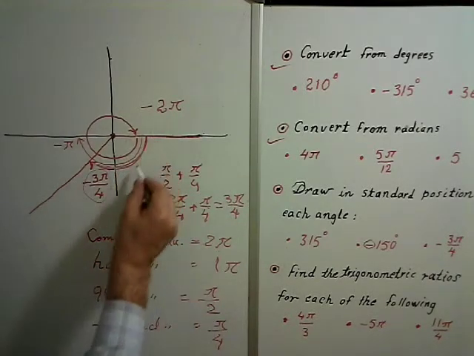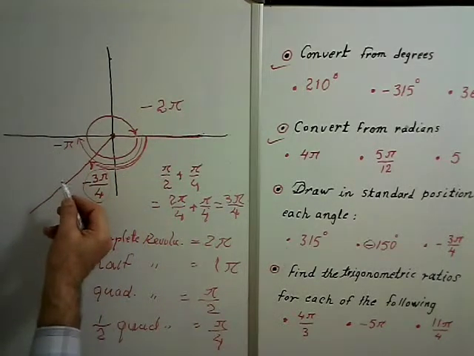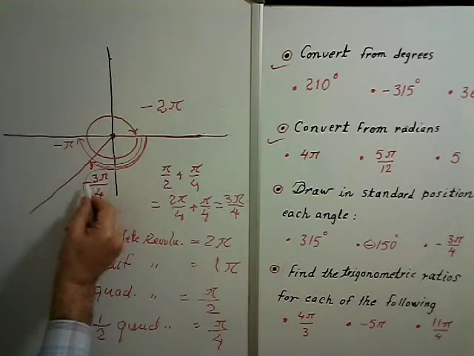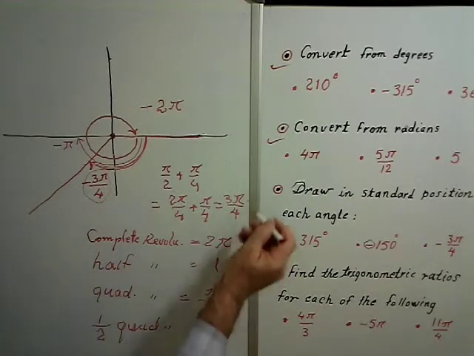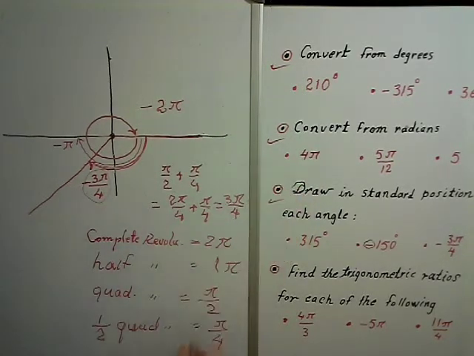And we do it in the clockwise direction, that's why it's negative 3 pi over 4. Okay, so that's the third question done.